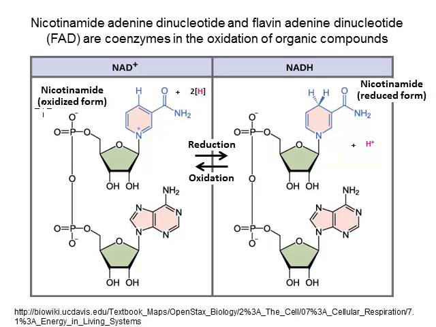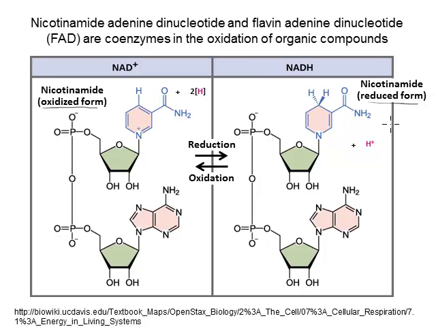Here's the structure of NAD in its oxidized form on the left and its reduced state on the right. You can see that this coenzyme is a dinucleotide, 2 nucleotides joined at the phosphates. Here's the adenine nucleotide, and here's the nicotinamide nucleotide. This nicotinamide base is what gets reduced as glucose is metabolized. It essentially picks up 2 electrons and a proton.